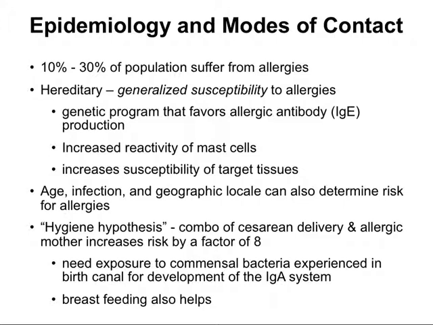Now it is key that both of these conditions exist, cesarean and an allergic mother. It's understood that the baby needs the exposure of the commensal bacteria that it would experience in the birth canal for development of the IgA system. If it doesn't get this experience, then IgE is predominant, and thus we have a propensity for allergic reactions.